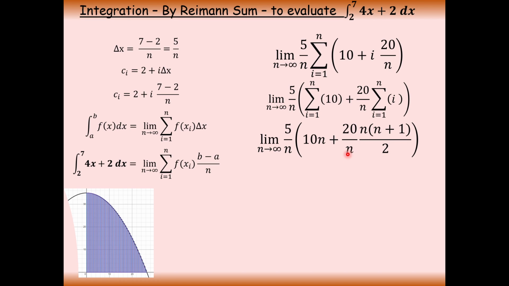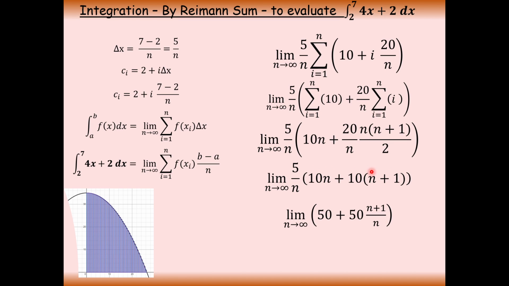Once again, we can do some simplifications and expand and multiply out the brackets before we are now ready to take the limit here. And once again, this last fraction is going to just give us 1. So 50 plus 50 is 100, and you're more than welcome to check the value of this integral with calculus, or simply use your calculator and it should be the correct answer.